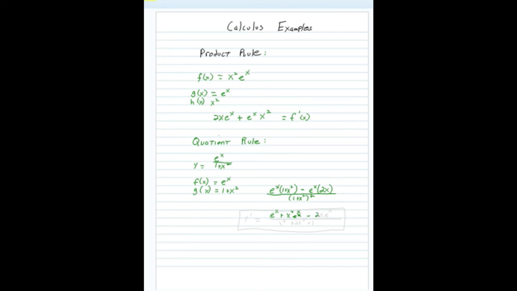So that's all you're going to get there, over x to the fourth plus 2 times x squared plus 1. And that's our answer for y prime using the quotient rule. Okay.